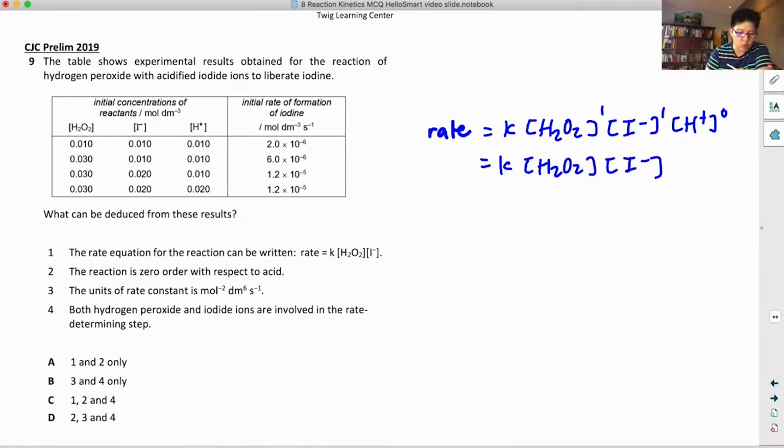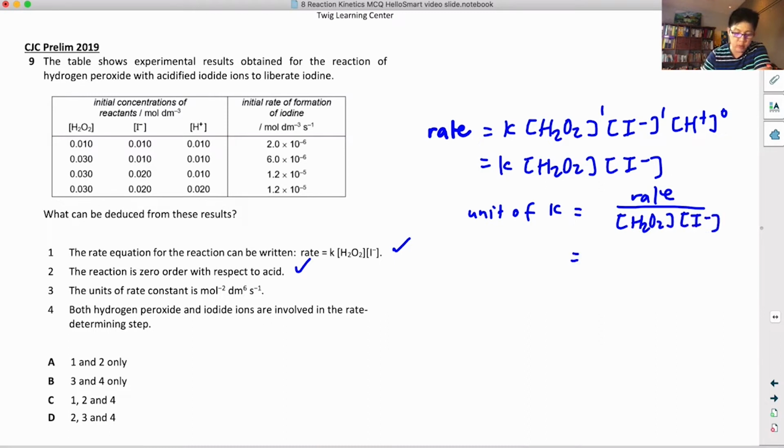What can be deduced from these results? The rate equation is correct. The reaction is zero order with respect to acid, which is correct. For the units of the rate constant, let's check it out, because this is a second order reaction. The unit of k is rate over concentration of H2O2 times concentration of I minus.